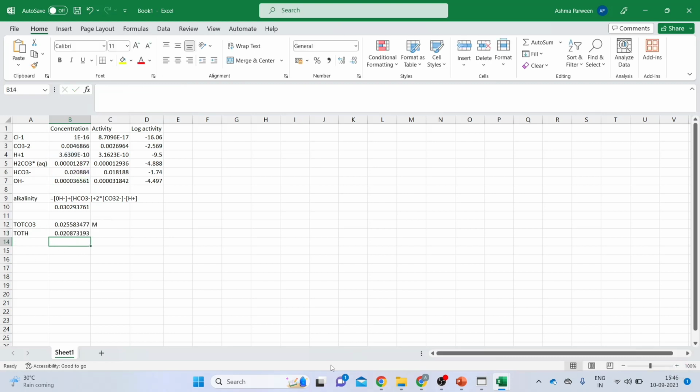So these two are the concentrations. We have found the alkalinity for the individual water systems, for the water which had pH 9.5 and the water having pH 6.5. So let us find out the total alkalinity of the mixed solution and also the concentration of carbonate and total H in the mixed solution.